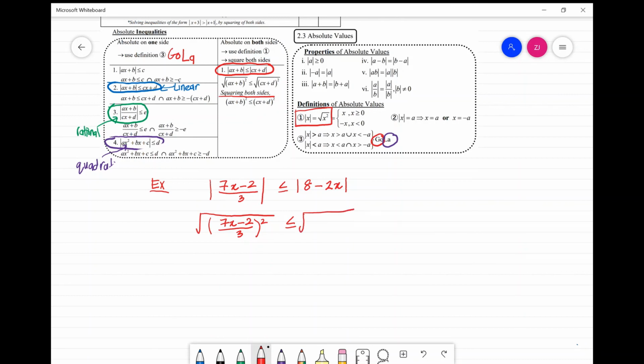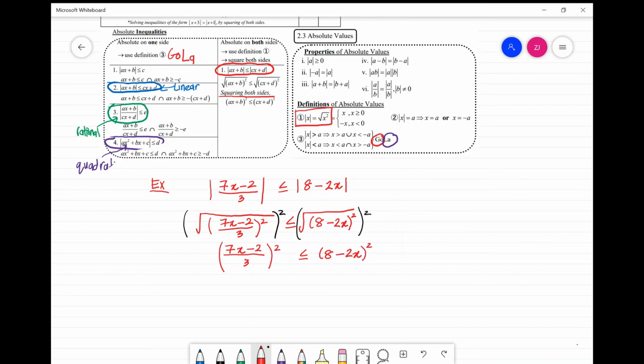So here we will have (8 minus 2x) squared. Now in order to get rid of the absolute values on both sides, we simply square both sides. By squaring both sides, we can eliminate the absolute value. So we will get ((7x minus 2) over 3) squared less than or equal to (8 minus 2x) squared.